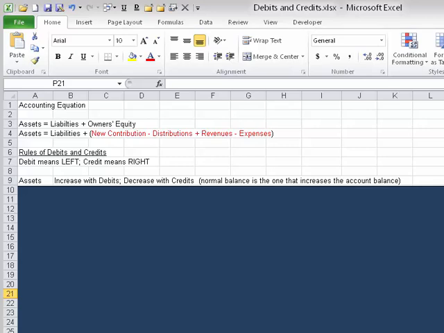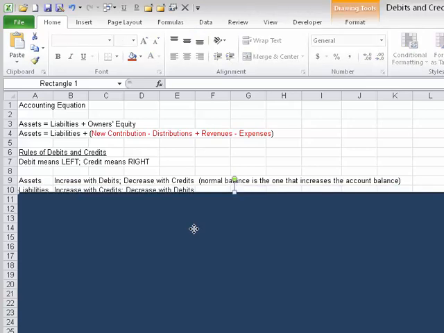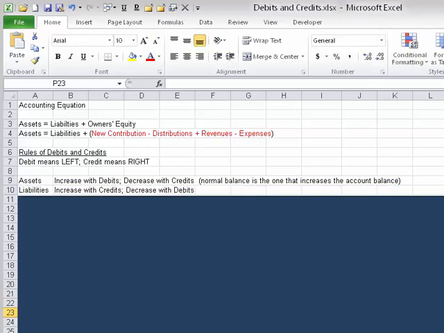Another way of saying that is the normal balance is the one that always has the increase side. So the normal balance for assets would be debits, right? Assets have a normal debit balance. Now, liabilities, they increase with credits and they decrease with debits. That means their normal balance is a credit balance.